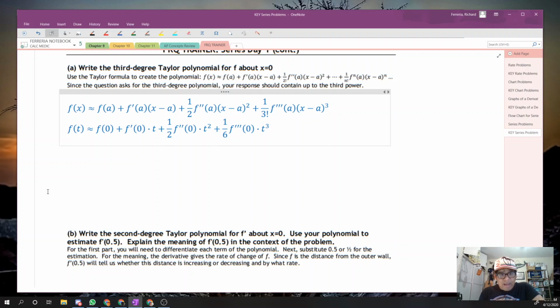The other thing I have here is instead of an x, we're using a t. And since we have x minus a, that's really t minus a, which is t minus 0. There's no need to write a t minus 0, so I'm just writing t squared, and t cubed. You can see that here, here, and here.